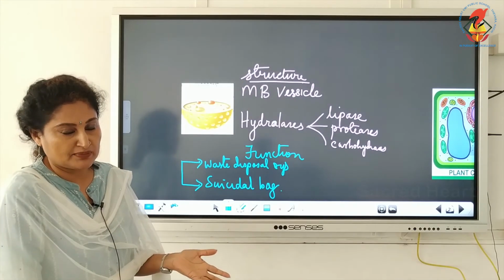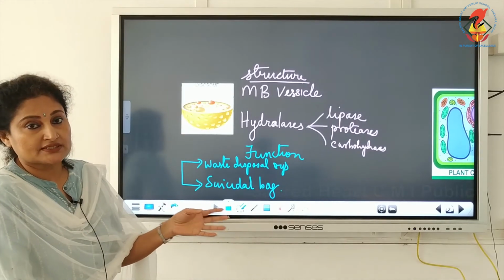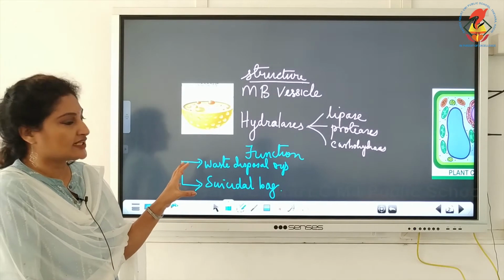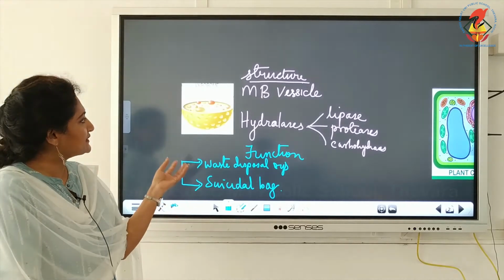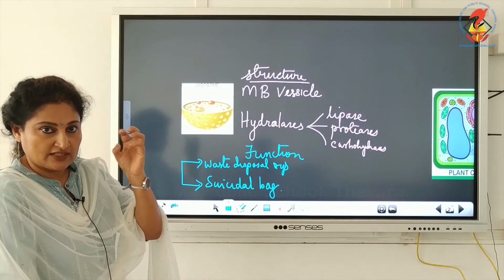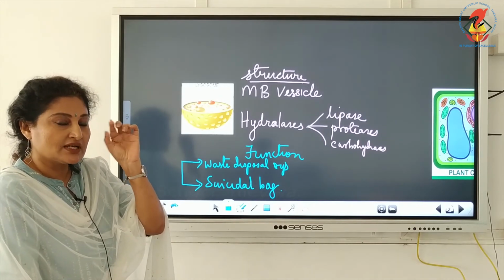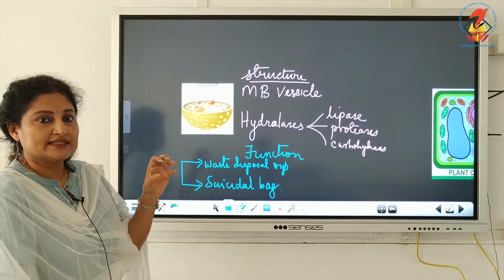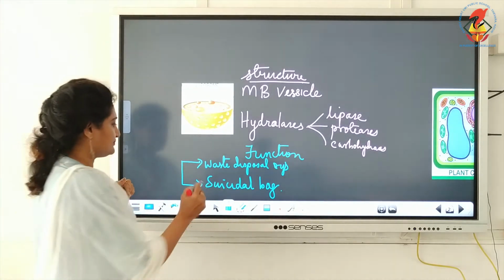Any organelle, be it Golgi apparatus or endoplasmic reticulum or vacuole or plastid or any organelle within the cell, if it becomes worn out or if it gets damaged, what happens is this lysosome, a vesicle filled with hydrolytic enzyme, will rupture and release this hydrolytic enzyme, and this enzyme will digest that organelle. So, it works like a waste disposal system.